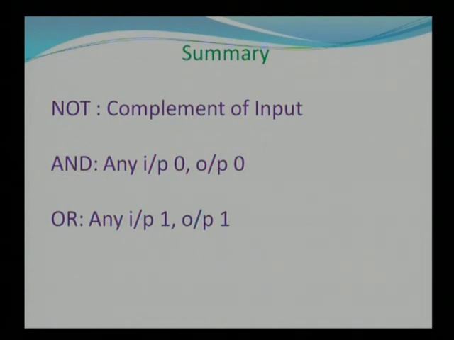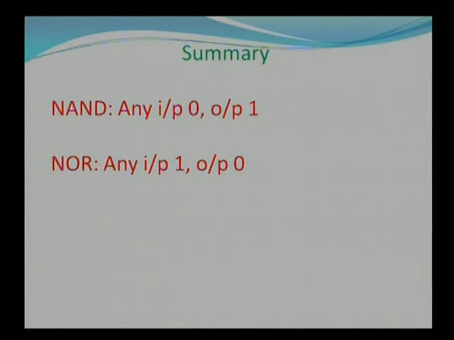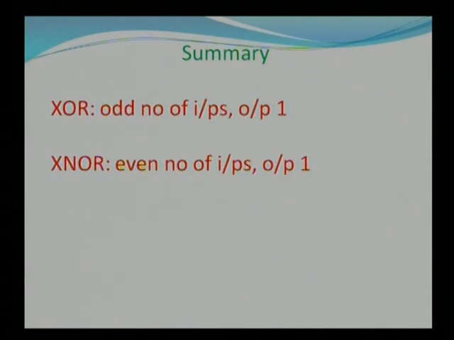For the OR gate, any input 1 gives output 1. For the NAND gate, any input 0 gives output 1, and for the NOR gate, any input 1 gives output 0. For the XOR gate, an odd number of 1 inputs, such as 0 1 or 1 0 for two inputs, gives output 1. For the XNOR, an even number of 1 inputs gives output 1.